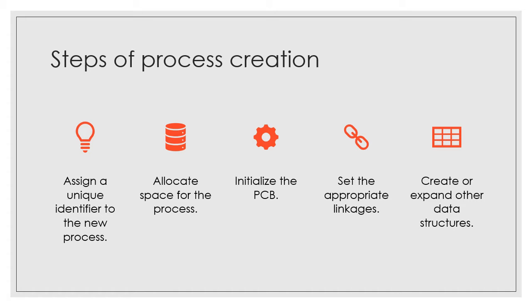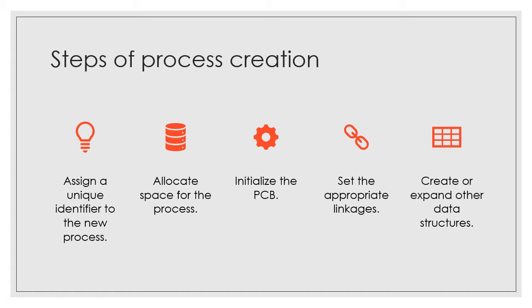Number 2. Allocate space for the process. This means space is to be allocated for all four components of the process image: program, data, stack, and PCB. 3. Initialize the PCB. Set up the initial values.